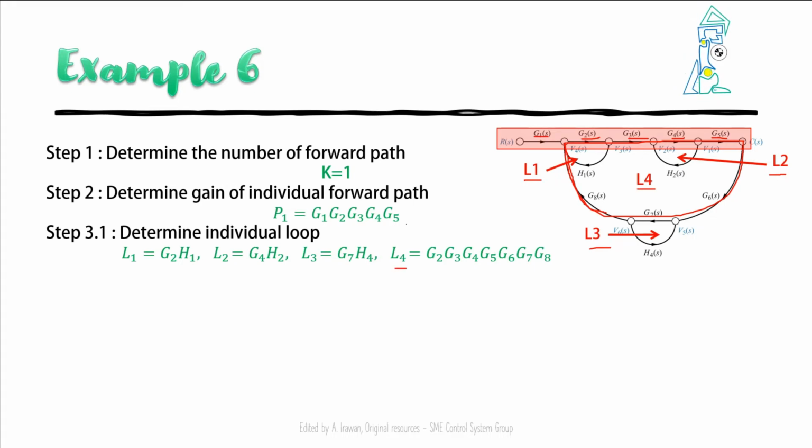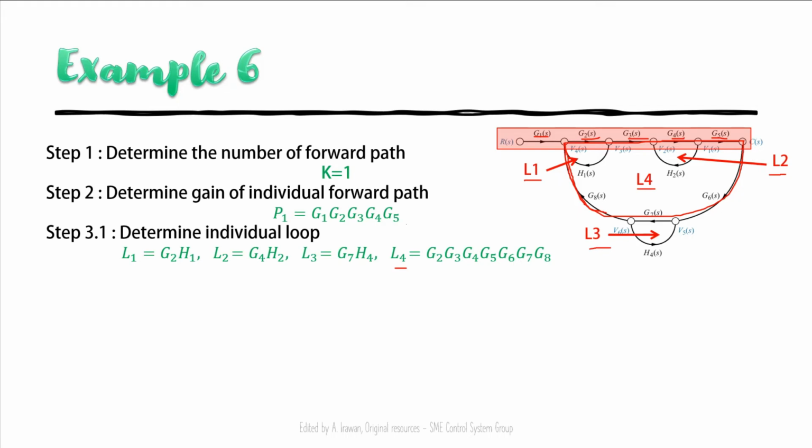So L3 only has G7 and H4. Now why is H not negative here? Because H is forward. The arrow is forward, and here we don't have a minus sign for the H4.